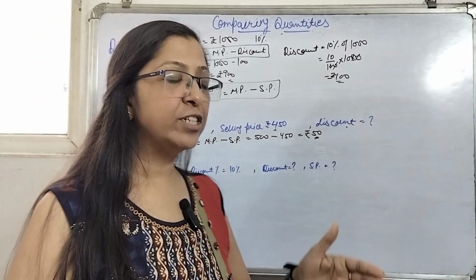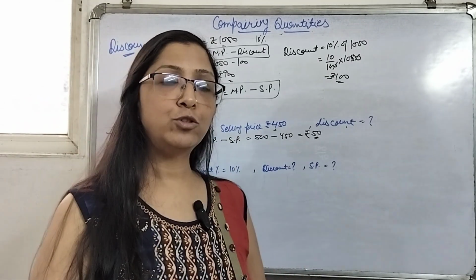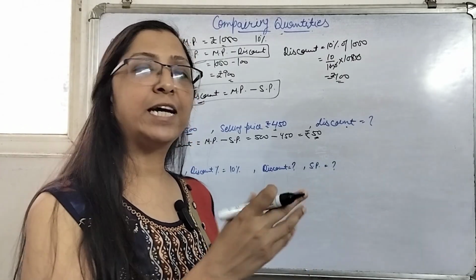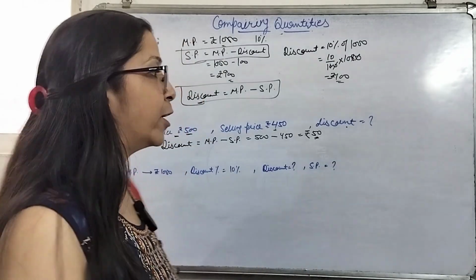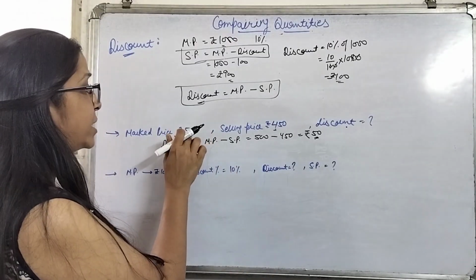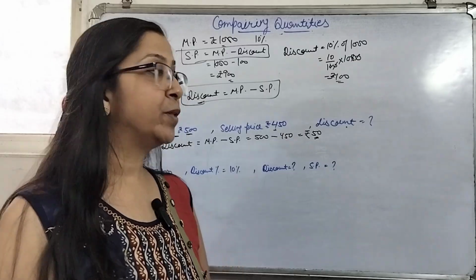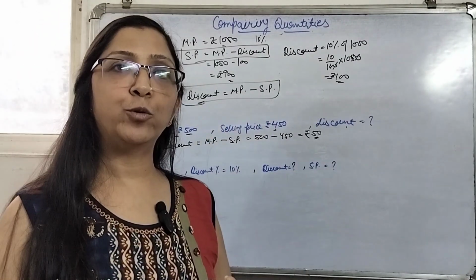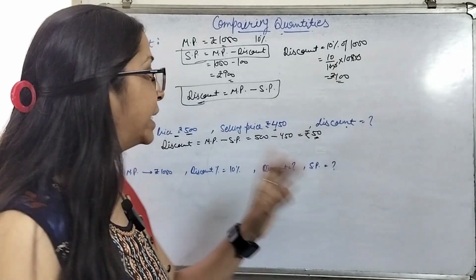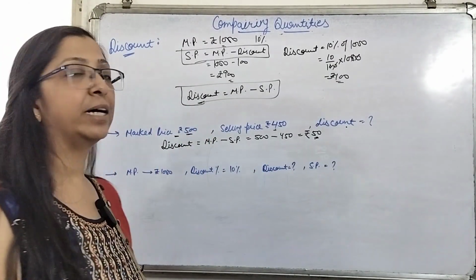See, there is some difference between the cost price and the marked price also. Cost price is the amount at which the shopkeeper is purchasing. Means if the shopkeeper has purchased an article at 400 rupees and he has marked the cost of this at 500 rupees, obviously he is there for profit only. So 400 will be the cost price for the shopkeeper and 500 will be the marked price.